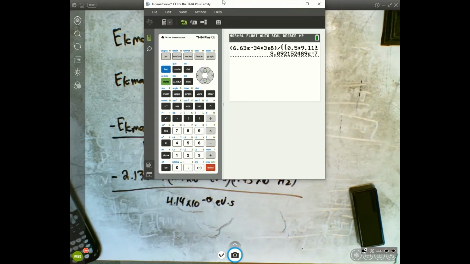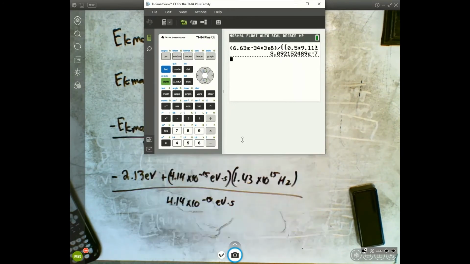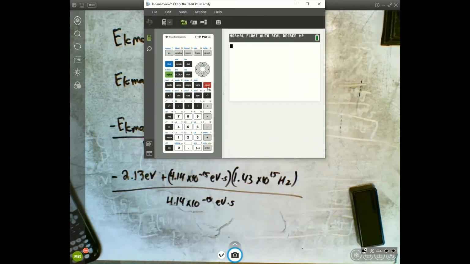On top, I'm going to go negative 2.13. I'm going to add it to 4.14 times 10 to the negative 15 times 1.43 times 10 to the 15.